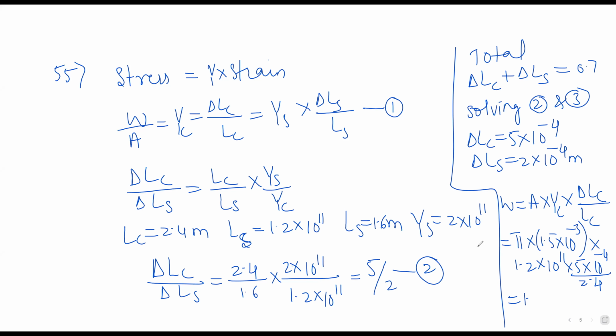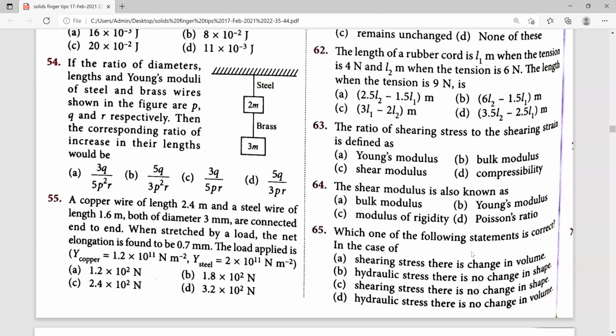After simplification, we get 1.8 into 10 to the power of 2 Newton. So according to this, the right answer for 55 is B1.